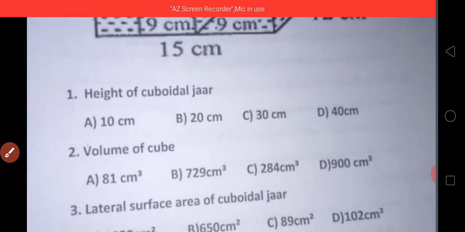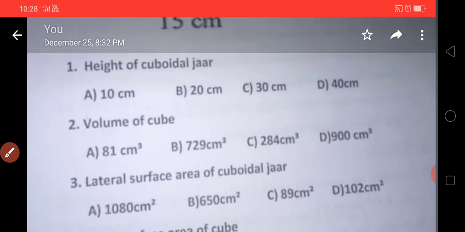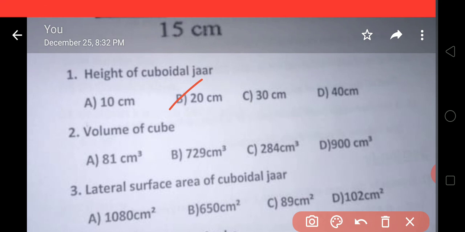We have given length 15, breadth 12. So this is 15 multiplied by 12. Now you can cut 15, 12 ones are 12, 12 threes are 36 and double 0 will forward. 15 ones are 15, 15 twos are 30. So height will be 20 centimeter. So let us check which option is showing you 20. This is B option.